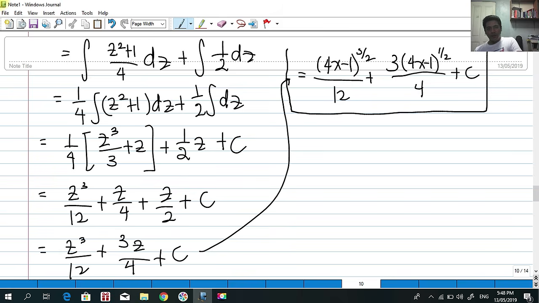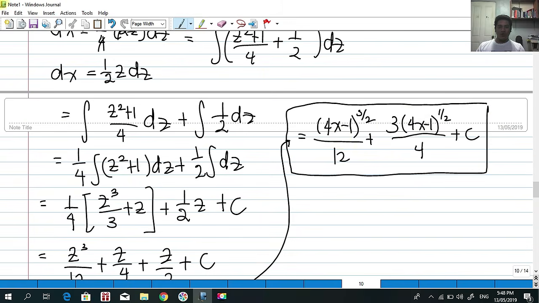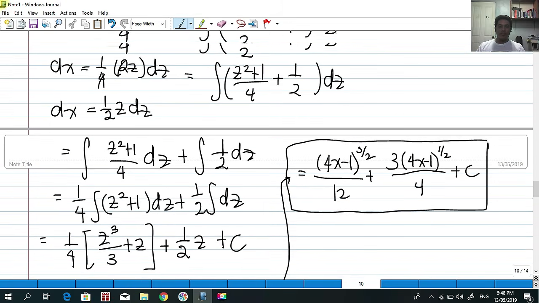And now we have the answer. What we did here a while ago is to combine the two z's. So we have 1/4 plus 1/2 is 3/4 z, so that we can simplify the expression.